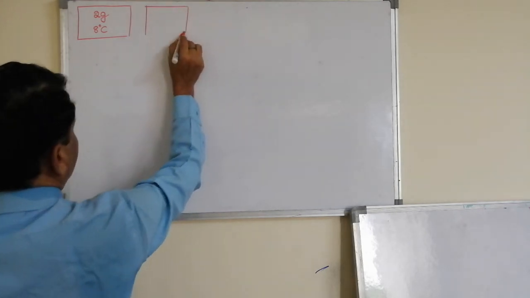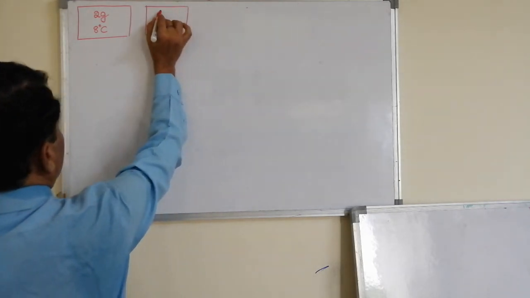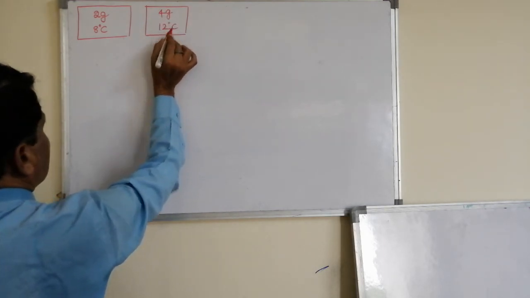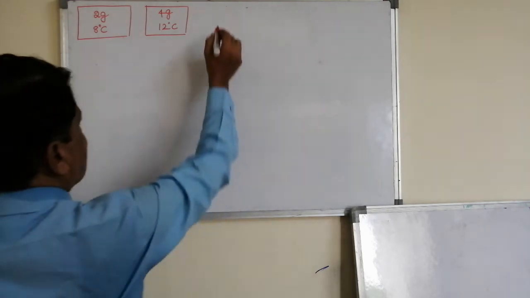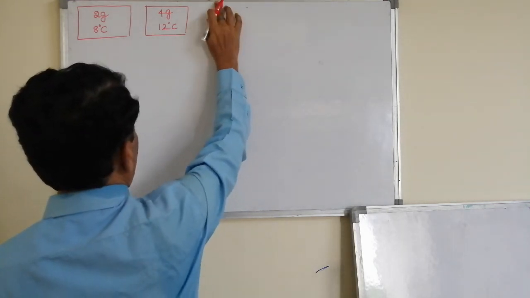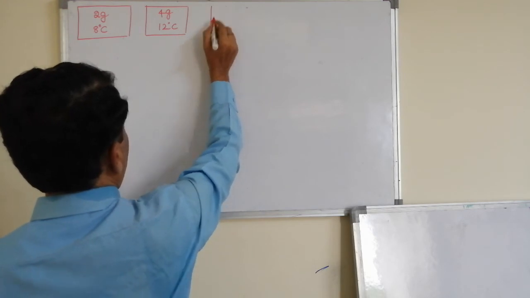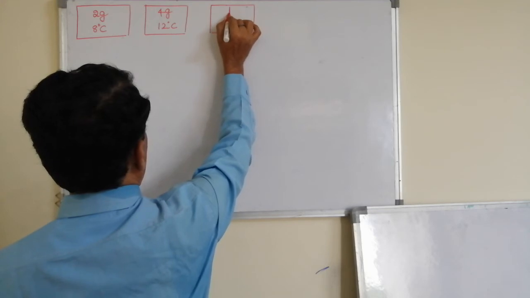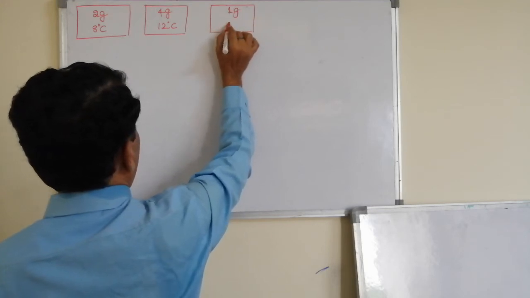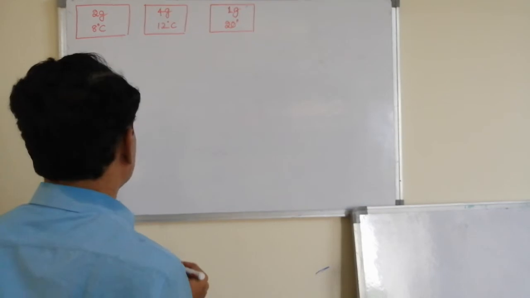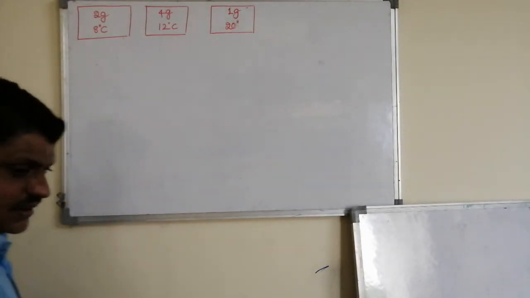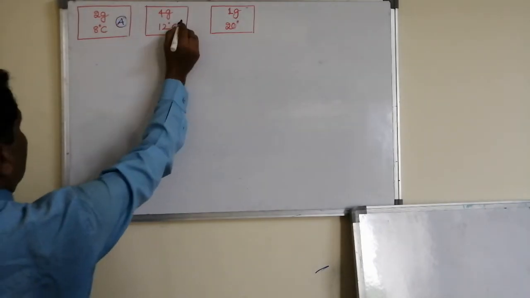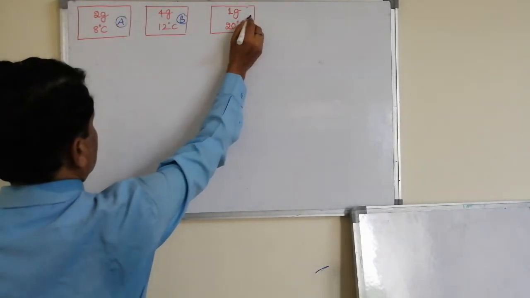This is B, say 4 gram at 12 degrees Celsius. And a third body, say 1 gram at 20 degrees Celsius. This is body A. This is B. This is C.